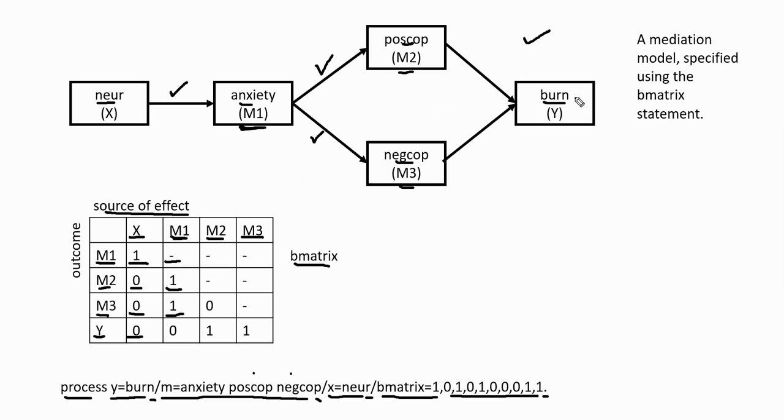And then we have M1 to Y, and now in this case we have a value of 0 right there. And so basically there is no direct effect of M1 on Y. So in other words, we're basically fixing that relationship to 0.